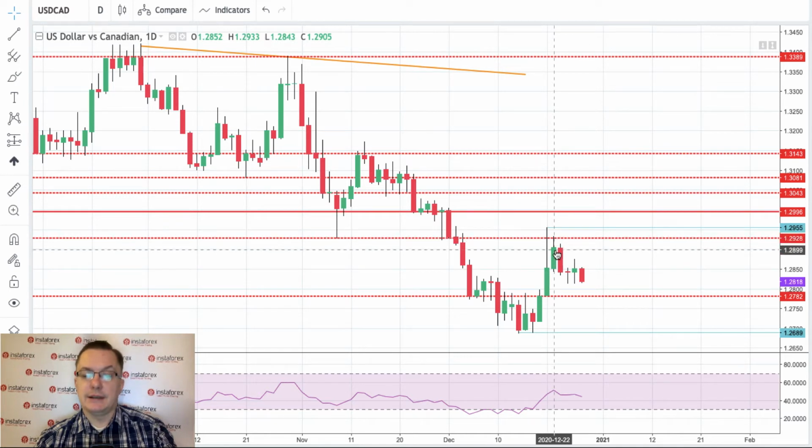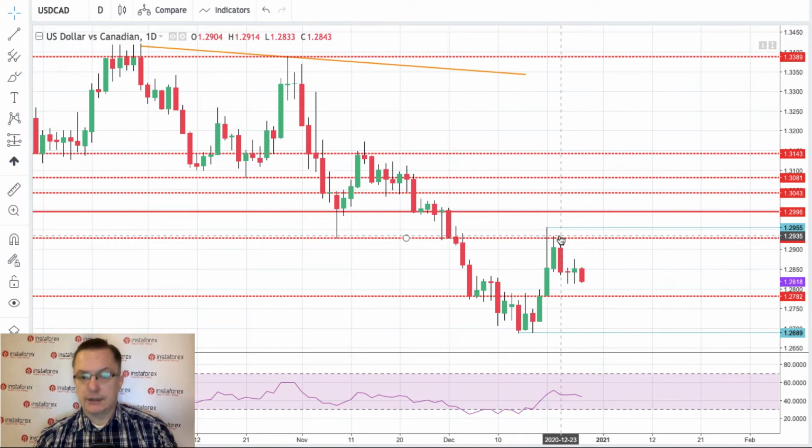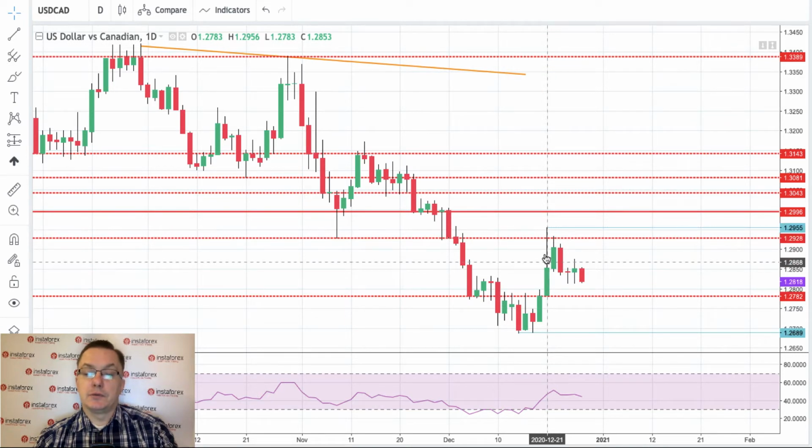It failed again, and then of course this is some sort of a bearish engulfing pattern, but it's not on the very top. It's just under the technical resistance, but it's still kind of a valid signal that says any attempt to rally higher above the 1.2928 is opportunity for the sellers to join the market and push the price lower.